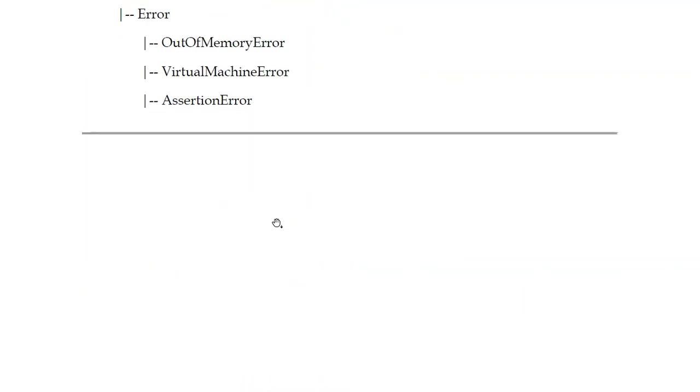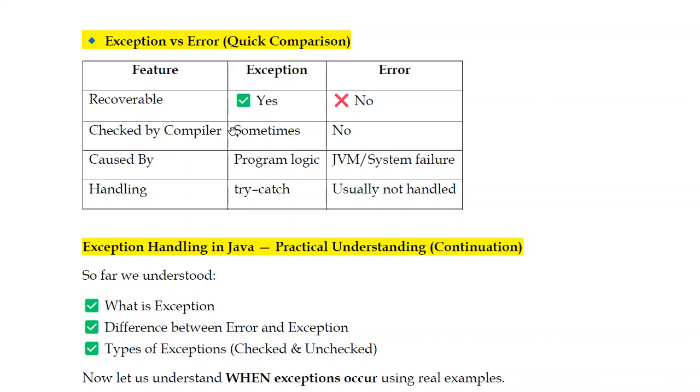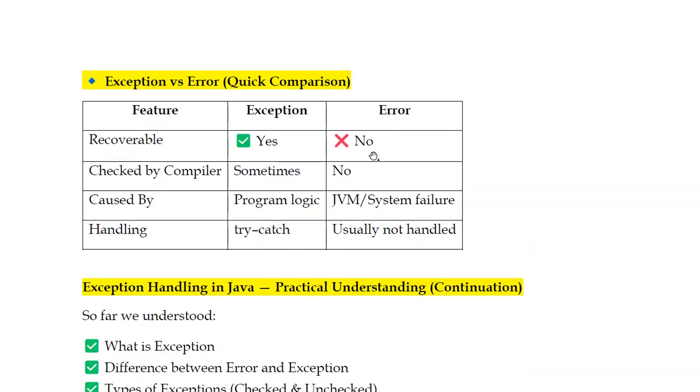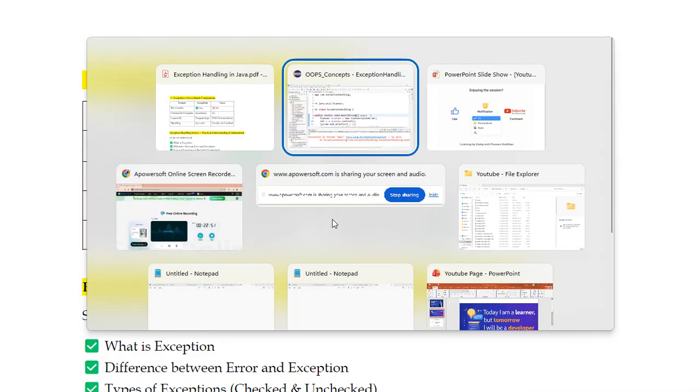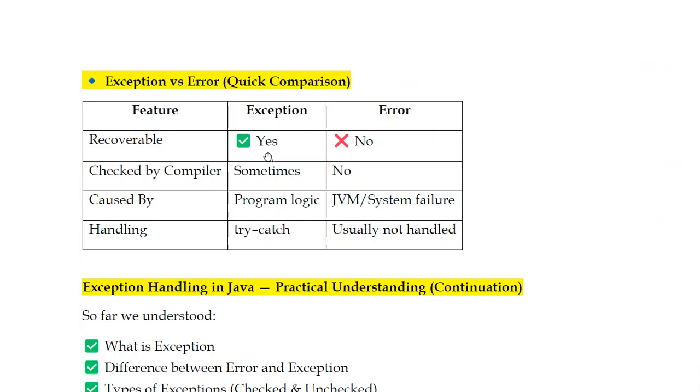So you should be clear with this hierarchy. Exception is recoverable, error is not recoverable, because exceptions are checked by the compiler sometimes, not many times. Example: FileNotFound or InterruptedException. The compiler itself tells sometimes, not many times.